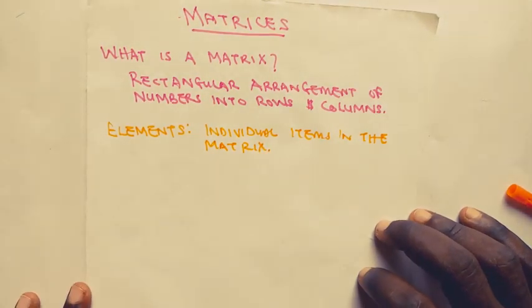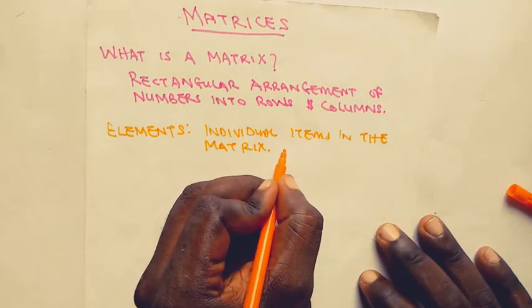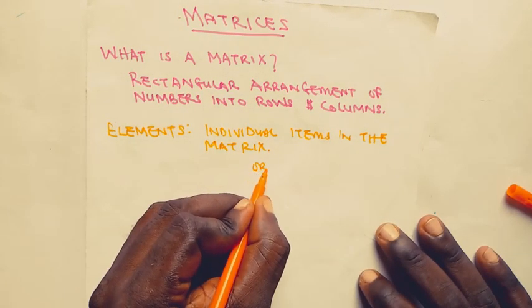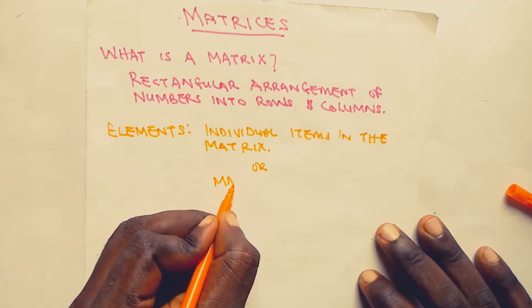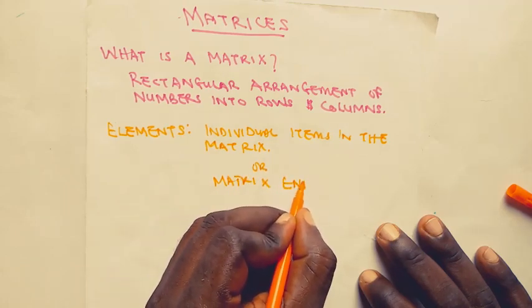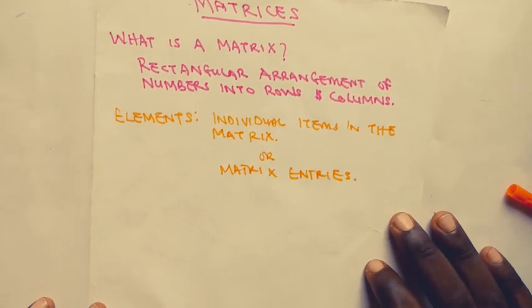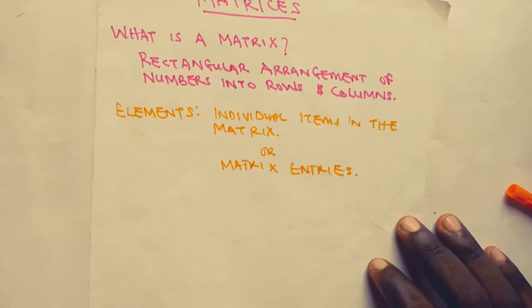An individual item in the matrix is called an element, or a matrix entry. So those are the elements of a matrix.